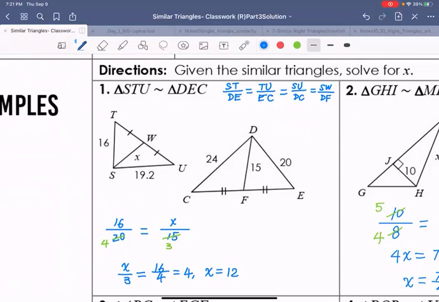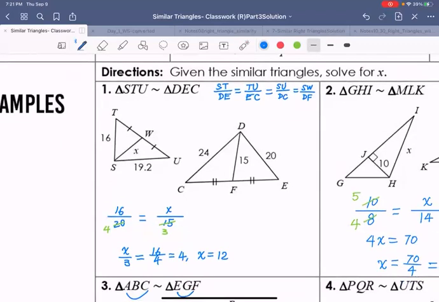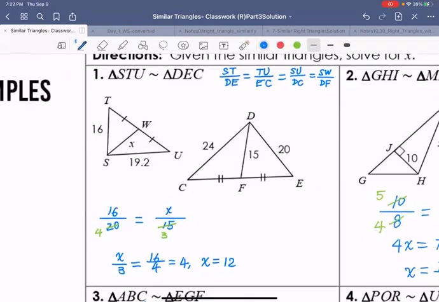Which part makes you not able to solve it? Which part? You want to do cross multiplication? Yeah. You can do a cross multiplication, but I want you to do it in the smart way. You do 20 times x equals 16 times 15. Look, I don't want you to do this times this. It's too slow. We do the simple way.